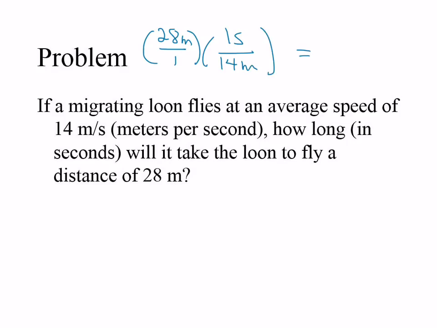Okay. Now, as I set it up like this, my meters cancel. I'm left with units of seconds, which is exactly what I want to be left with. Okay? The first term I put was how far I want to go. The next term I used was how fast is it going. In 1 second, it can go 14 meters. So it takes 2 seconds to go 28 meters.